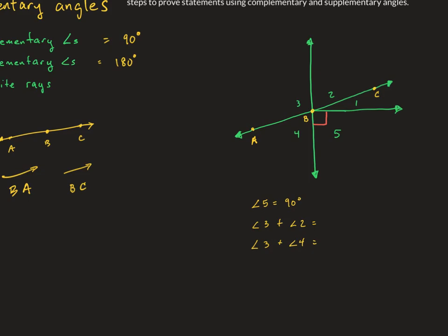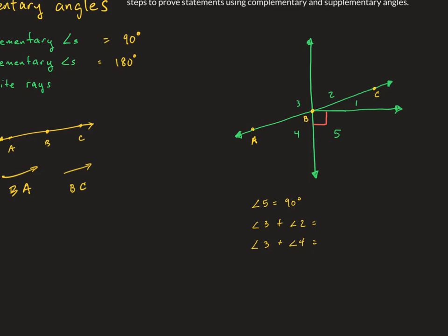Looking at angle 3 and angle 2, ray BA and ray BC form a straight angle, which means that angle 3 and angle 2 are linear pairs. And we said linear pairs form a straight angle, and a straight angle is 180 degrees.